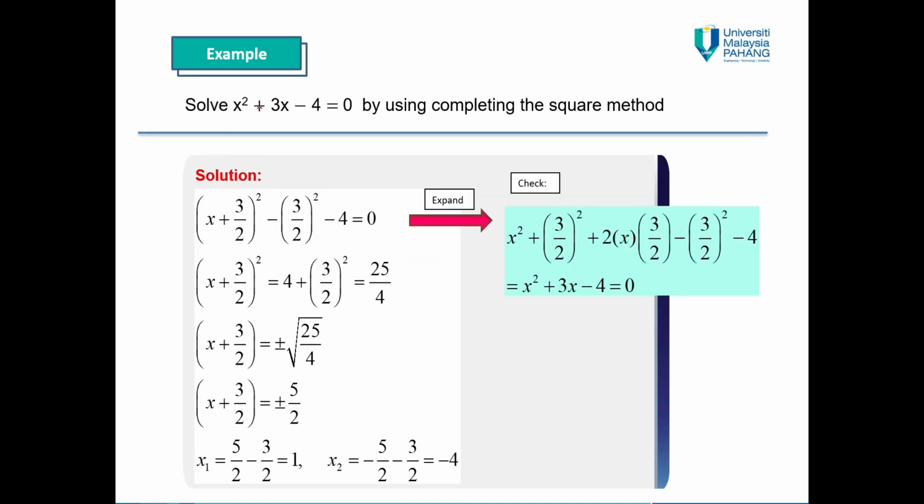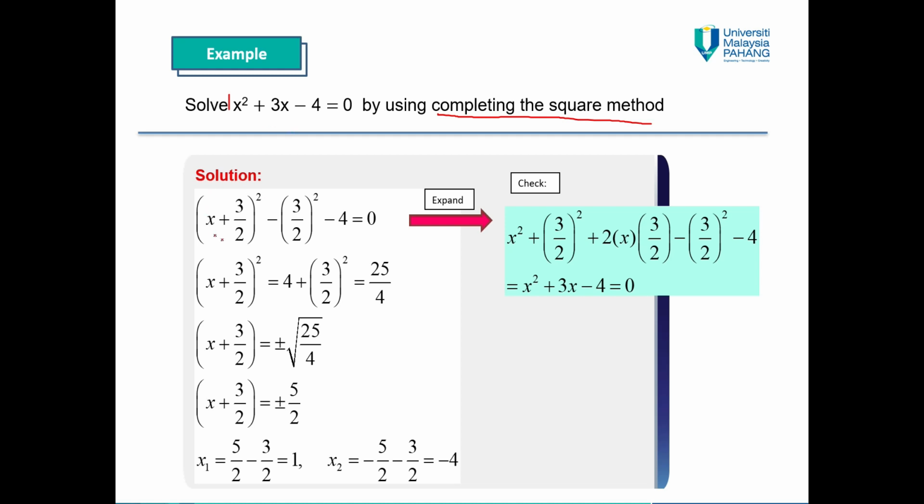For example, x squared plus 3x minus 4 equal to 0, now by using completing the square method. Okay, in this case, the coefficient of x squared is already 1, so we don't have to divide the whole equation with any number. So we just continue. So first of all, 3 needs to be divided by 2. So 3 over 2.